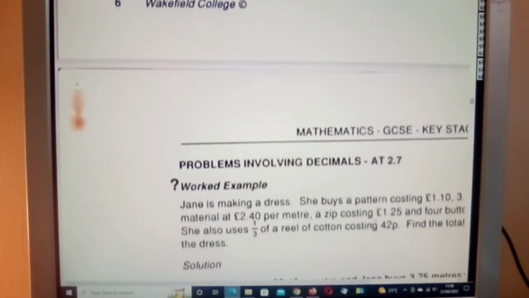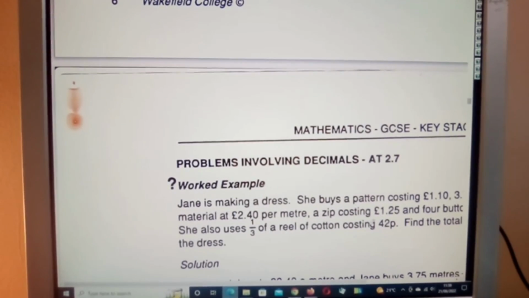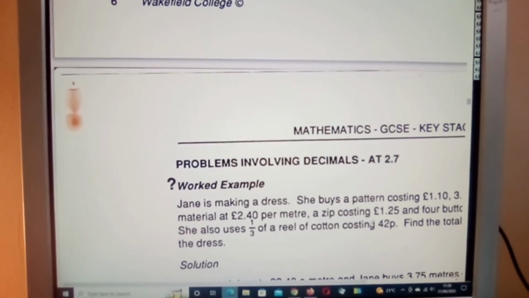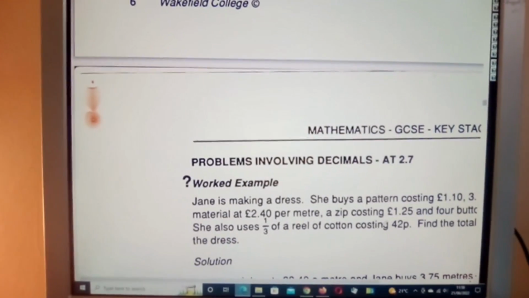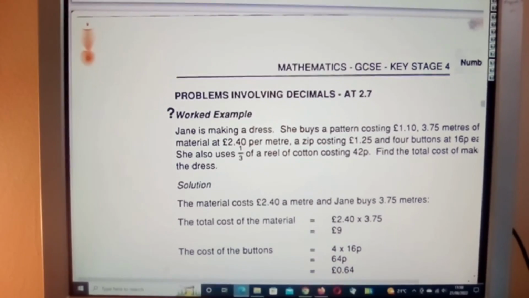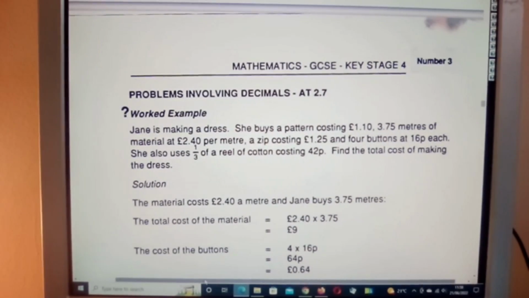We will look at problem solving involving decimals. Let me repeat that: problem solving involving decimals. Let me just drop that down a little bit so we can get this into play. Ignore the screen, the worksheet did not come off too good.